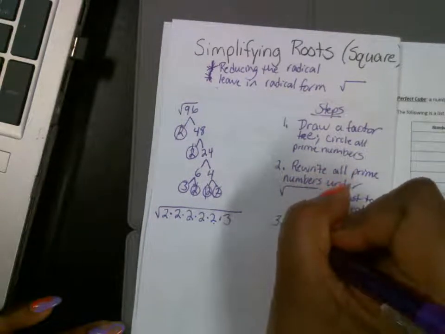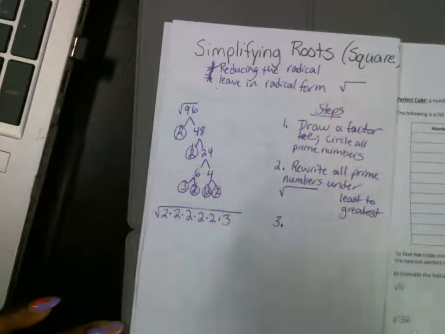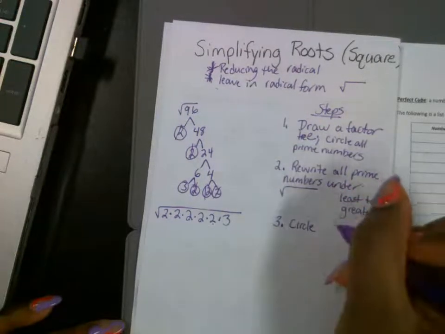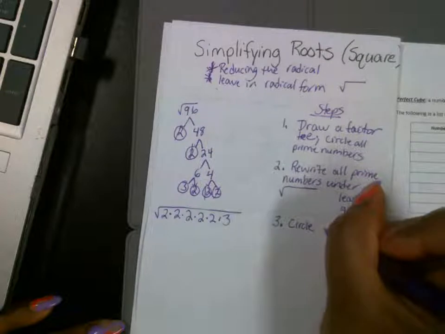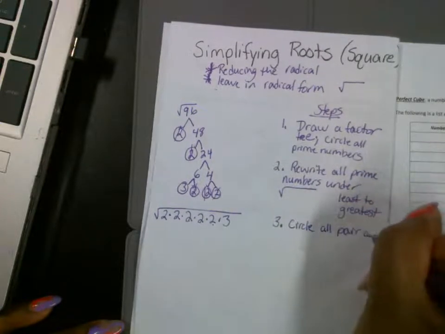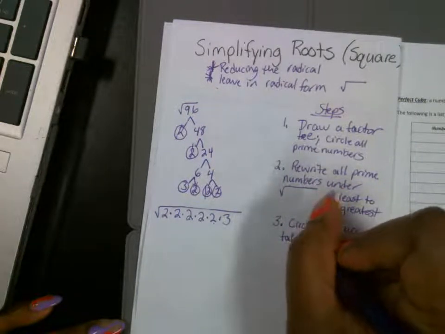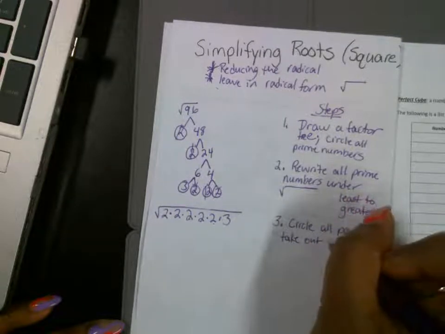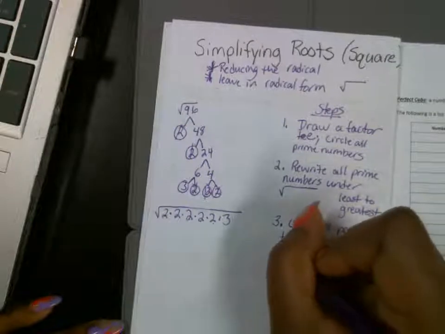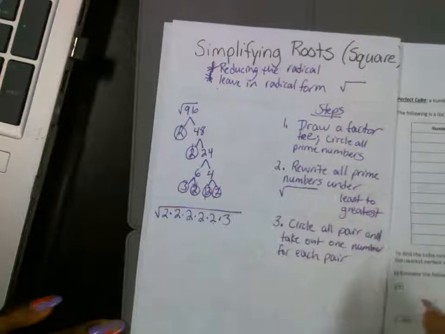Step 3, since it's square root, we're going to circle all pairs. Circle numbers that repeat twice. We're talking about square, so we circle all pairs. And we take out one number for each pair. Okay.